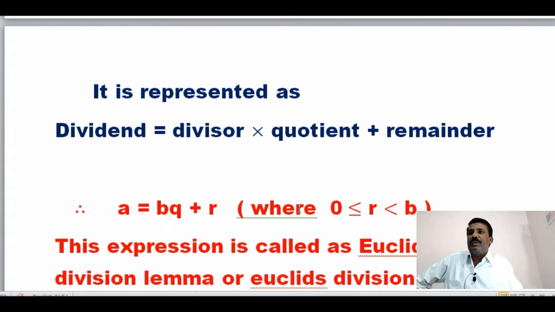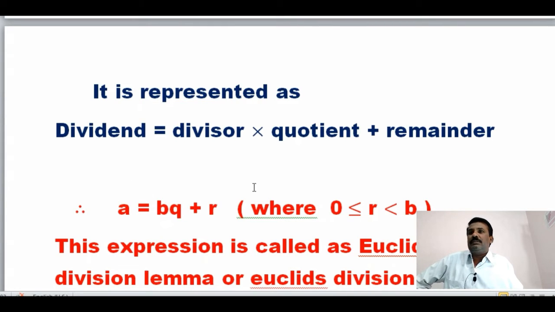This can be written as A is equal to BQ plus R, where R is greater than or equal to 0 and less than B. The remainder should be less than B, that is, less than the divisor and greater than or equal to 0. Here A is equal to BQ plus R: A is the dividend, B is the divisor, Q is the quotient and R is the remainder.